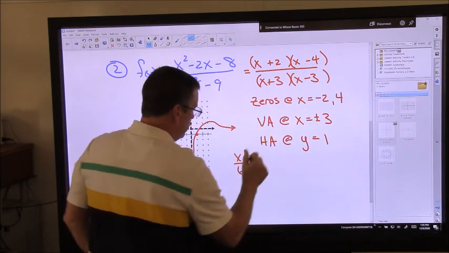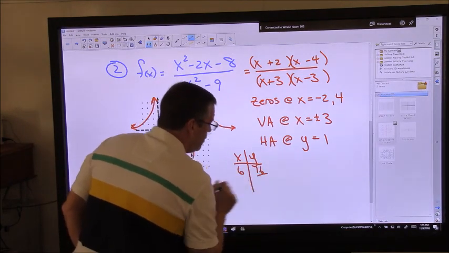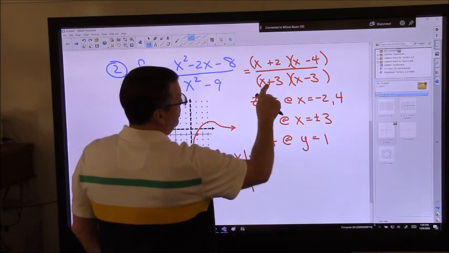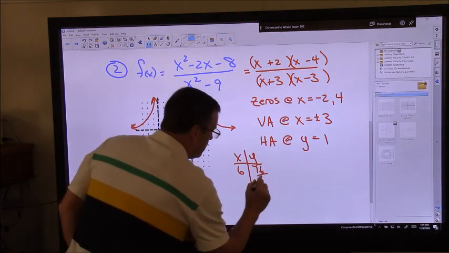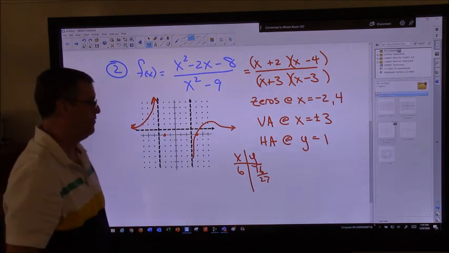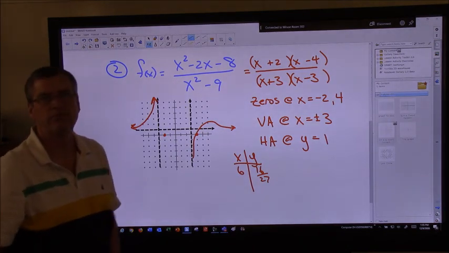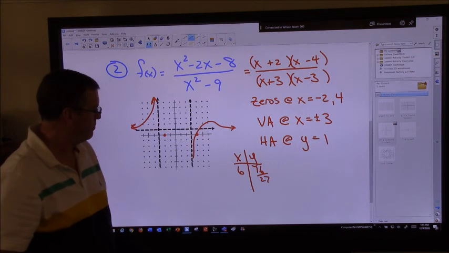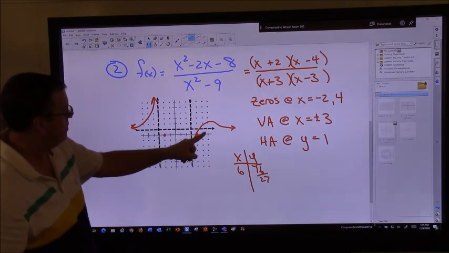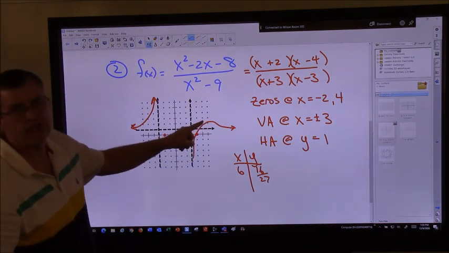So 8 times 2, that's 16. If I put a 6 here, I've got 9 and 3. So that'd be 27. Ah, I just answered my question. See, that's a positive number, so we're above the x-axis, but it's less than 1, which means I'm not going above the asymptote like this. Right?